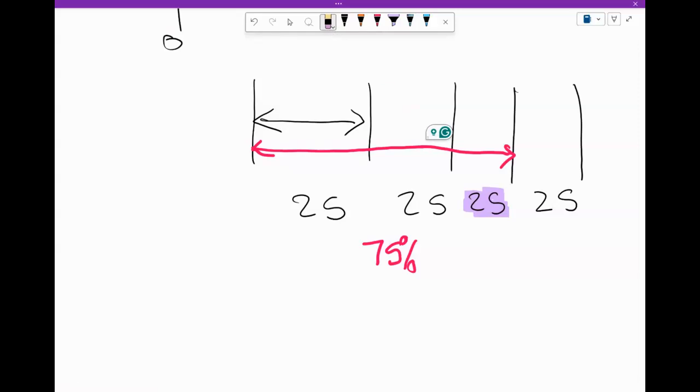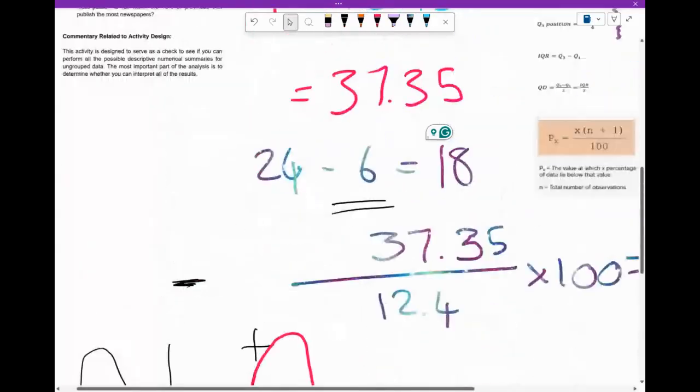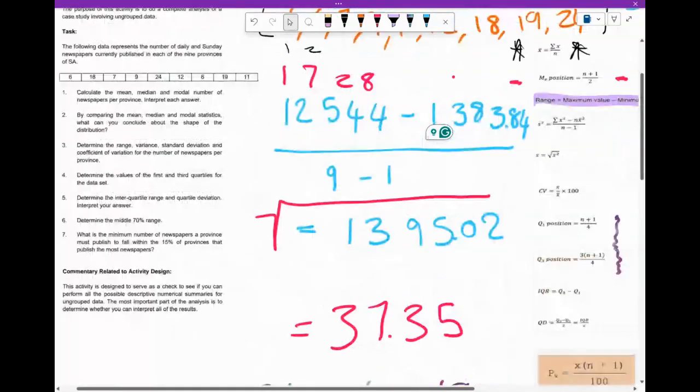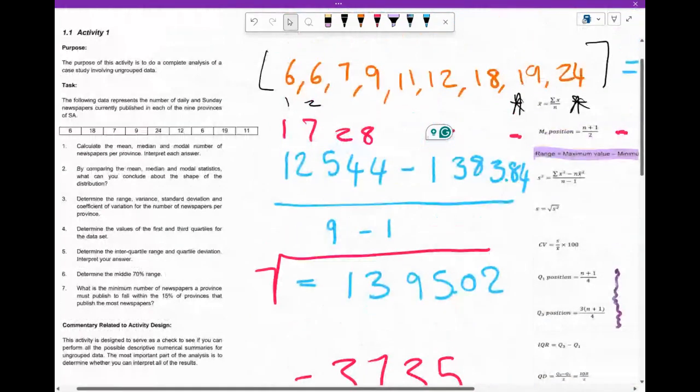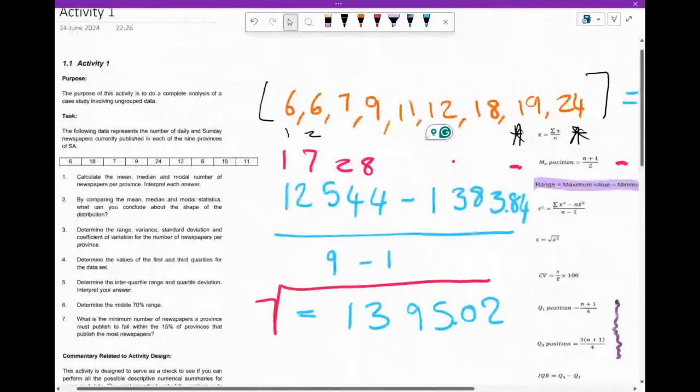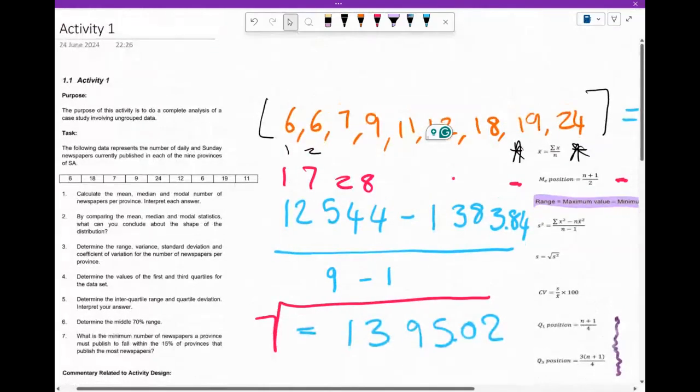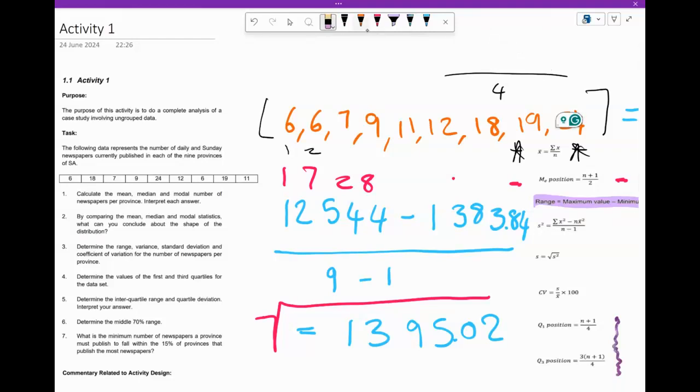So what's our formula? If you practice and understand your formula, you'll be good to go. So here we're just saying 3n. n we know is 9, plus 1, that's going to be 10, divided by 4 again. So 10 times 3 is going to give you 30.